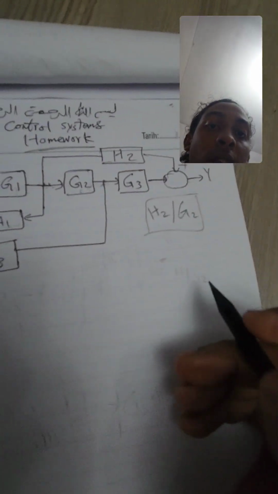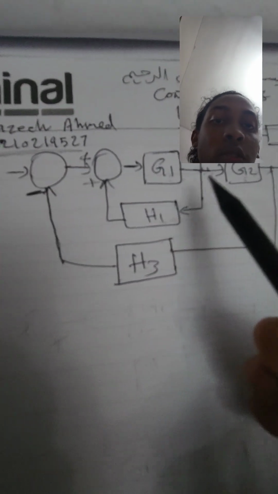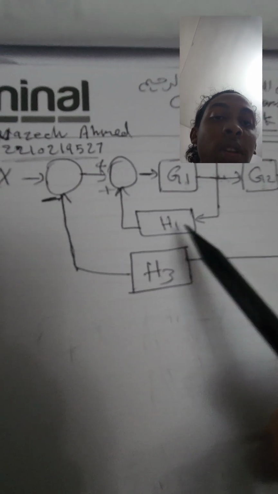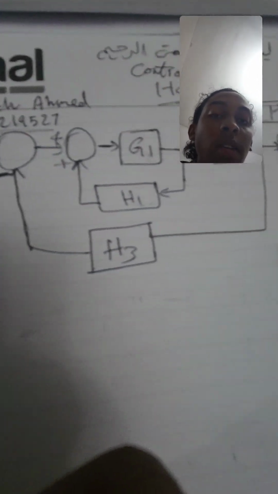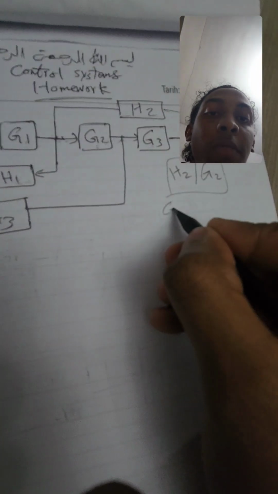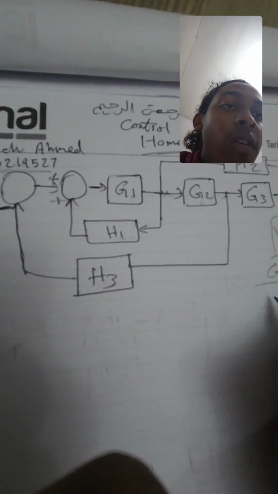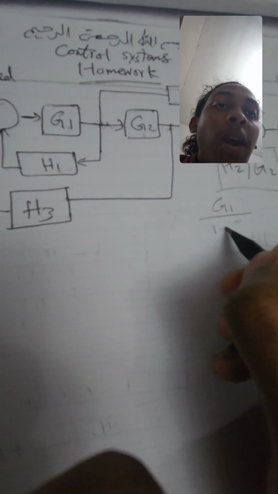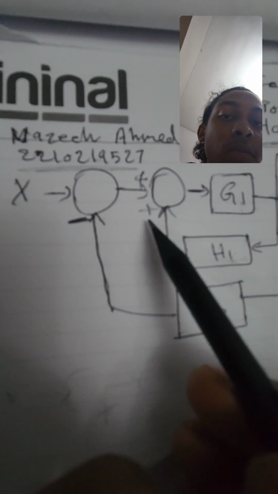And we have here also G1 and H1 in feedback. The formula for feedback is G1 over 1 minus G1 H1. Why minus? Because there is a positive sign here, so it changes from positive to minus.